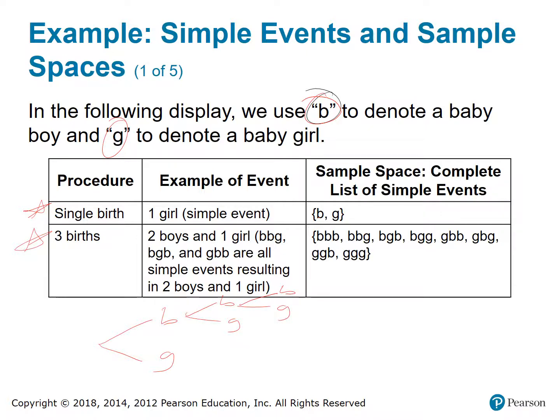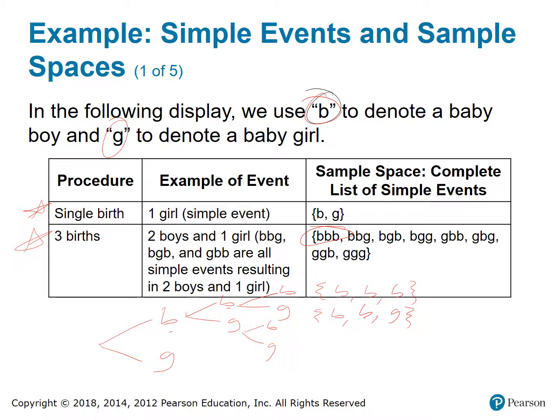And so this would be the sample space: boy, boy, boy, which we have listed right here. And then it could be boy, girl, boy, girl. And then here's this one, which is boy, boy, girl.